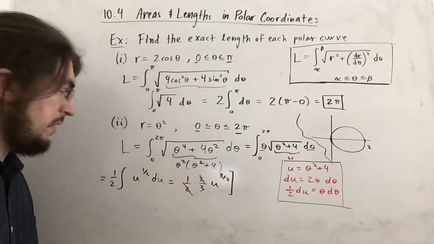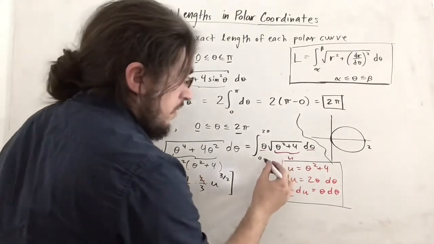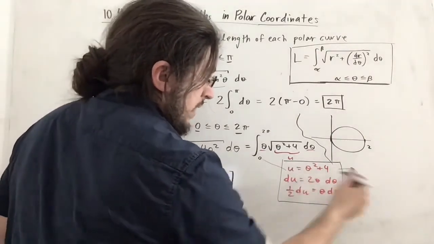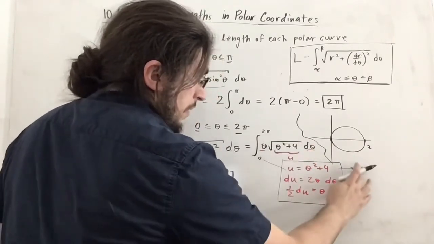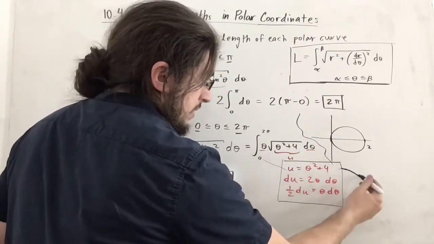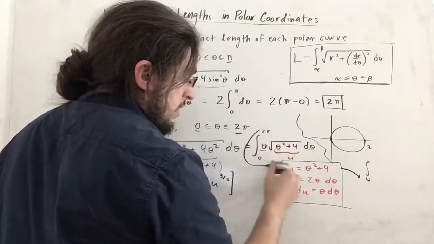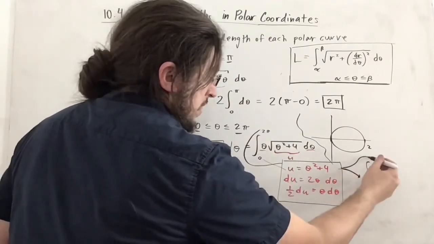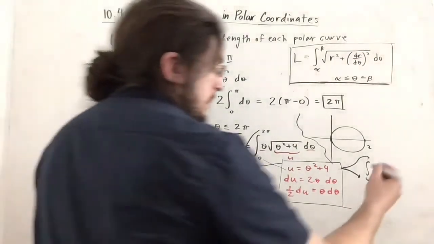And now let's see if we can find out what these new limits are. So when we plug in 0, we get 0 squared plus 4, which is just 4. So that'll be our bottom limit, I guess. Let's write it like this. It's 4 on the bottom. And then if we plug in 2 pi, then on top we'll get, it's kind of weird, but it's 2 pi all squared, which is 4 pi squared plus 4.